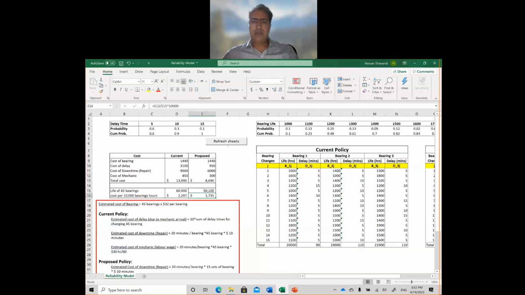And if we refresh the numbers, anytime you see the cost per 10,000 bearing hours in the proposed system is much less than the current one. See? And again, in order to have more reliable results, we need to consider replications.